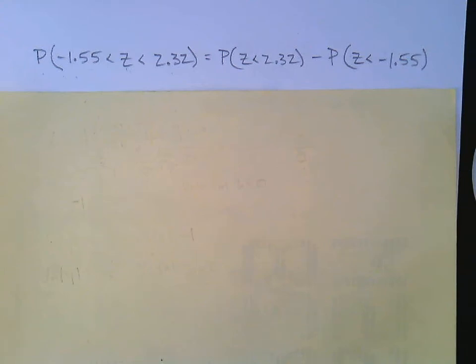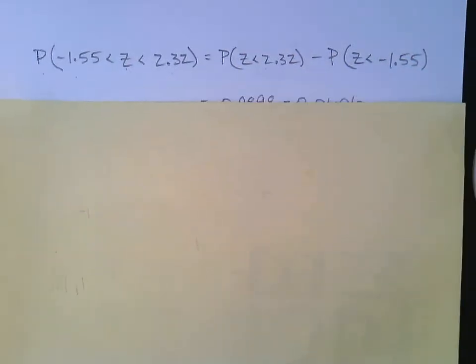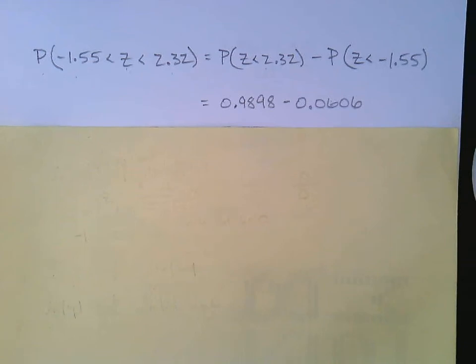And at this point, we'll reach for our table and figure out the probabilities that go with 2.32 and negative 1.55. I'll just go ahead and show you guys, but I encourage you to look these up as we're working through this together. So for 2.32, I get 0.9898, and for negative 1.55, 0.0606.